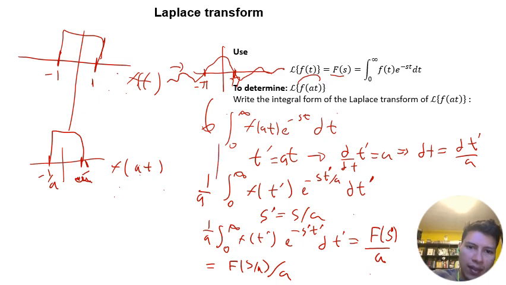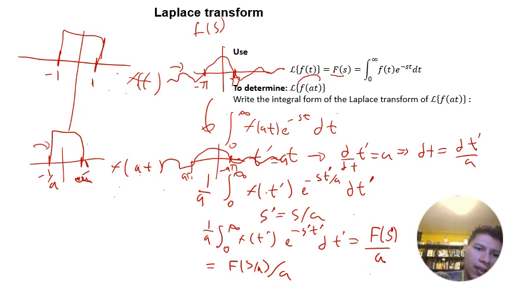Then the new Laplace function will be from negative a times pi to a times pi. So what's interesting about this is that, let's say a is greater than 1, if we squish something in the time domain, in the Laplace domain it has to get expanded out, and vice versa.